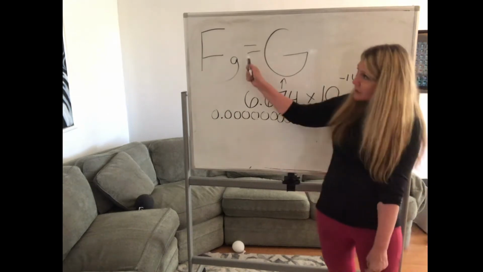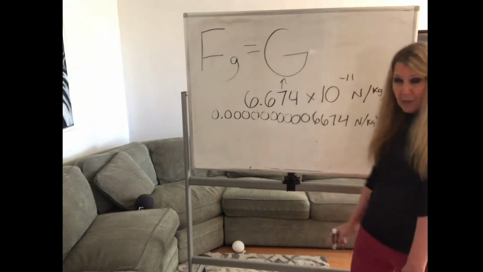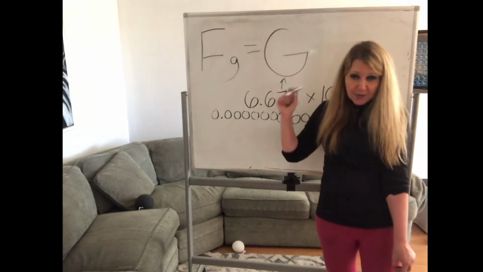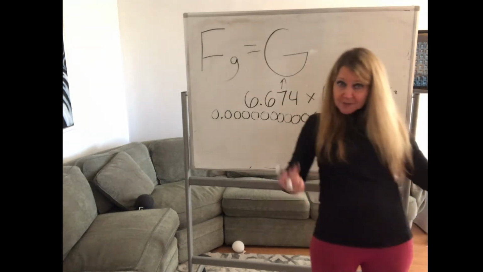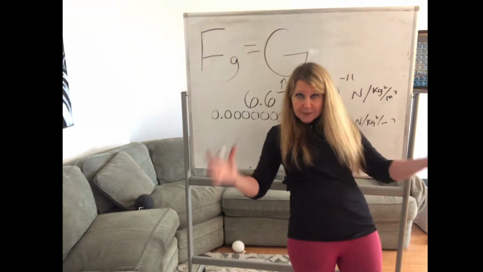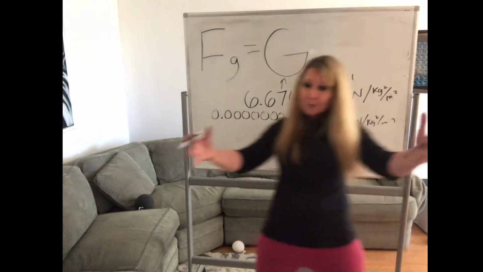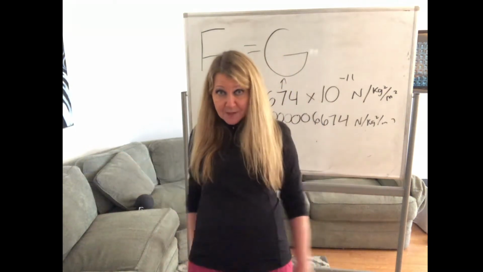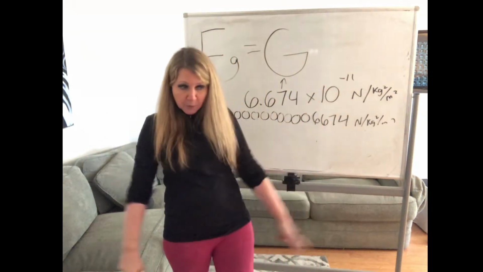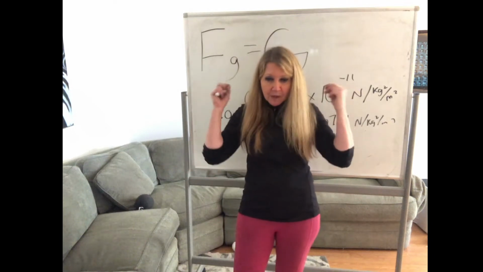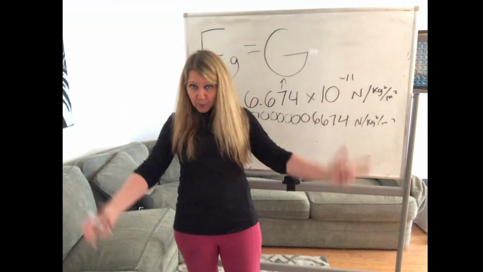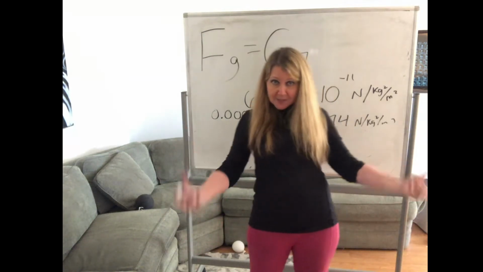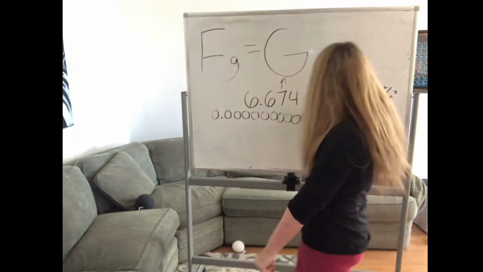But if we want to figure out the gravitational force between the objects, we have to use this. But not just that, we also have to look at the masses of the objects and the distance between them. Because remember, we said the two things that affect the force of gravity are the masses of the objects. So the more massive the objects, the more gravitational force. The more distance between the objects, the less the gravitational force.